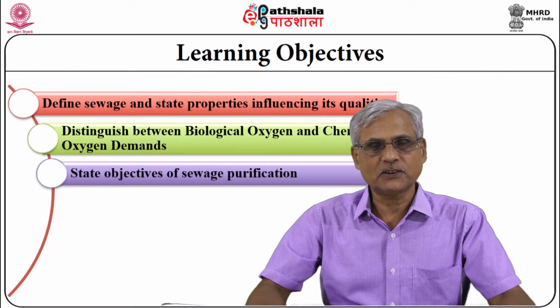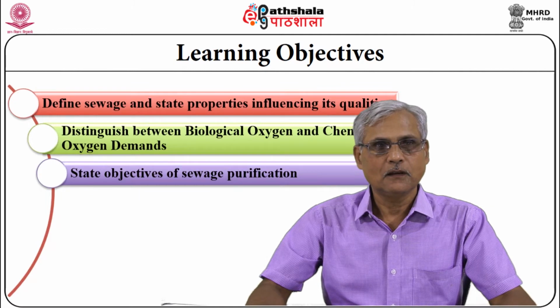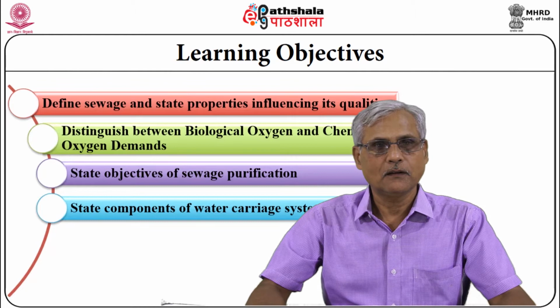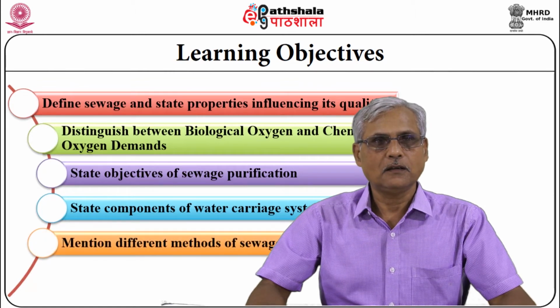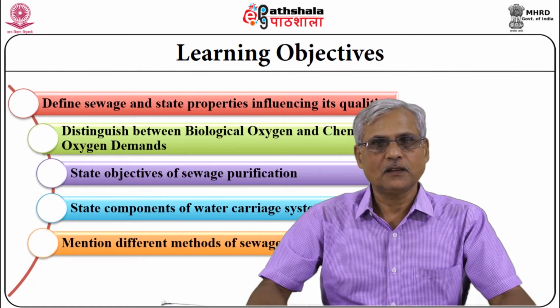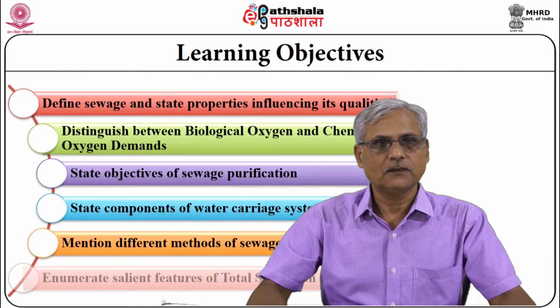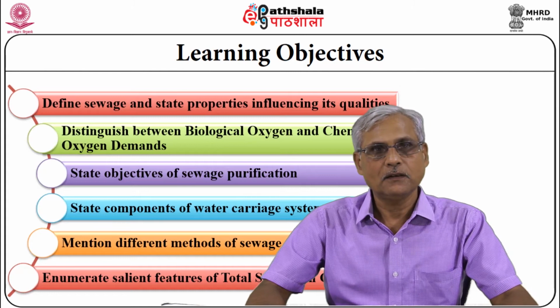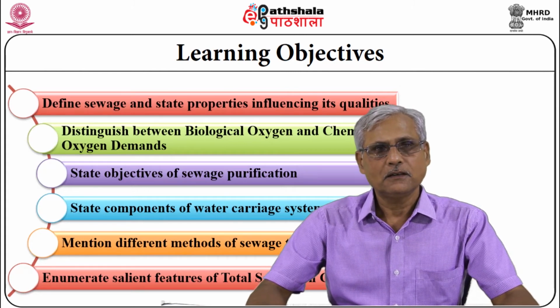State objectives of sewage purification and state components of water carriage system. And finally, mention different methods of sewage treatment and enumerate salient features of total sanitary campaign that is being carried out in the country.